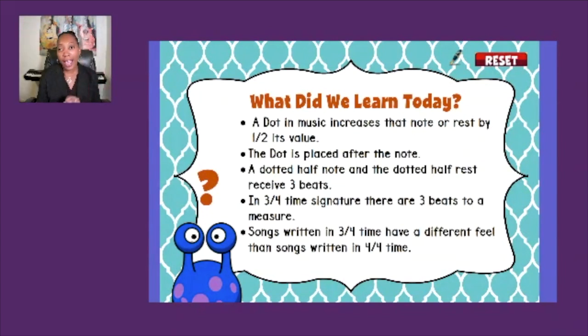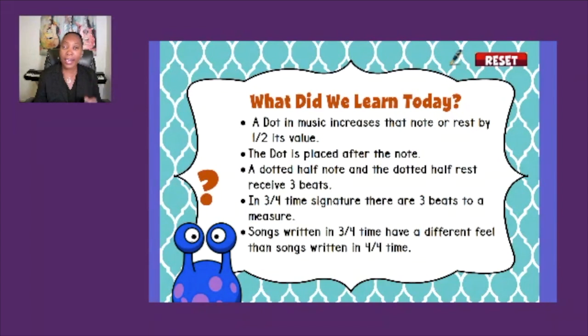A dotted half note and the dotted half rest receive 3 beats. In 3/4 time signature, there are 3 beats in a measure. And songs written in 3/4 time have a different feel than songs written in 4/4 time signature.